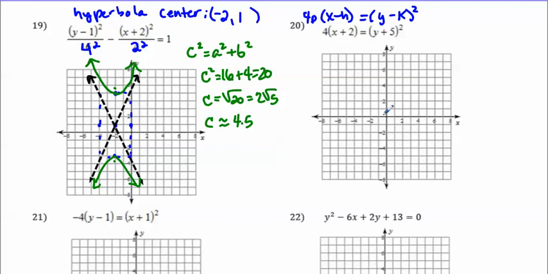So you're going to find the vertex with the h comma k. Okay, so the opposite of this number and the opposite of this number. So that would be -2, -5.